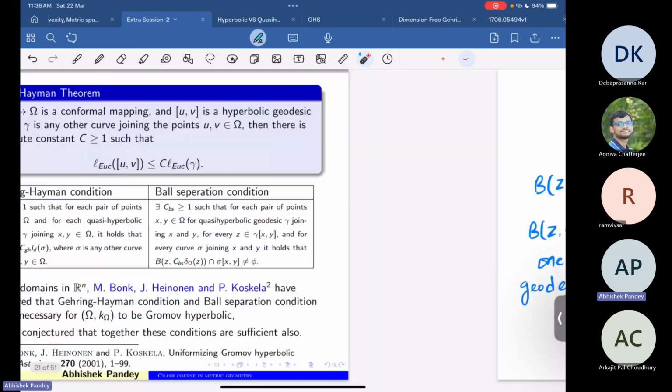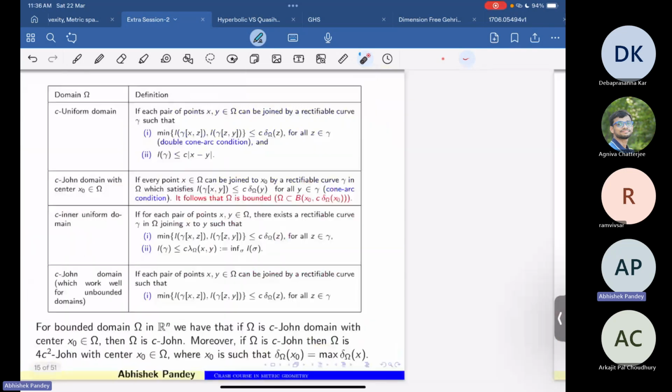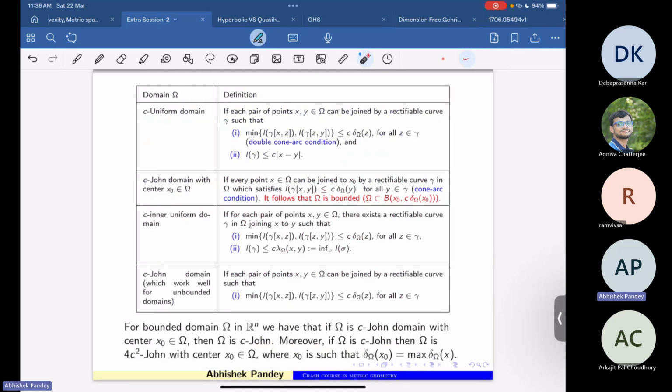If you go back to the definition of these domains, I have written that every pair of points can be joined by a rectifiable curve. The natural question would be when a quasi-hyperbolic geodesic serves as this rectifiable curve.